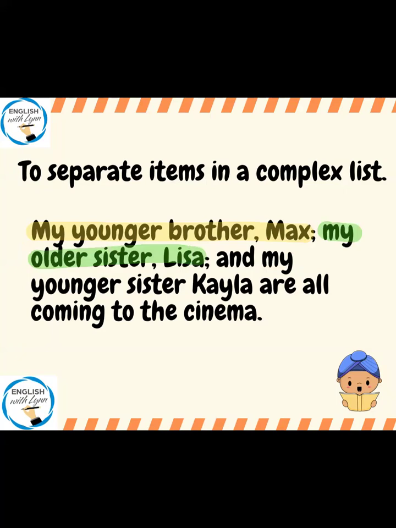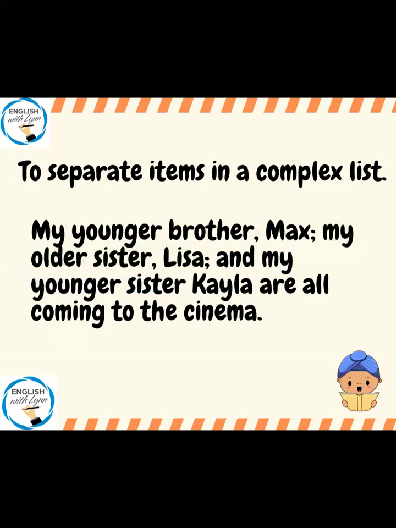And then I have my younger sister Kayla, and that is 3 different people, whereas if I had used commas, it would have been 6 different people. So it is using those semicolons to clarify the number of people. Okay, so that is semicolons within lists.